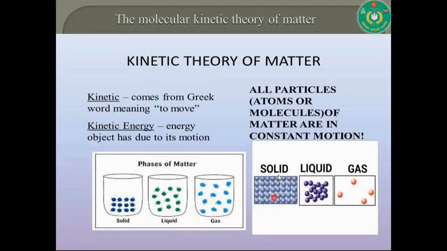All of the molecules in the three substances are in random motion. The motion in solid is less compared to gas and liquid.